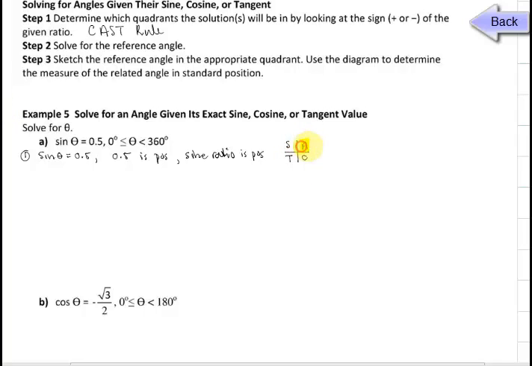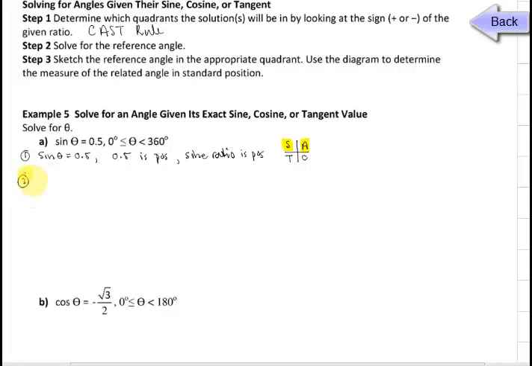Well, all trig ratios are positive in the first quadrant, so one of our angles will be in the first quadrant, and in the second quadrant sine is positive. So that means we are going to have another angle which is in the second quadrant. So we are going to have two solutions where sine of theta is equal to 0.5.